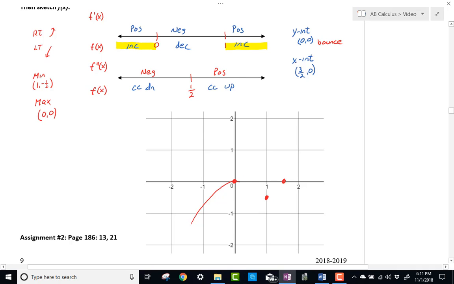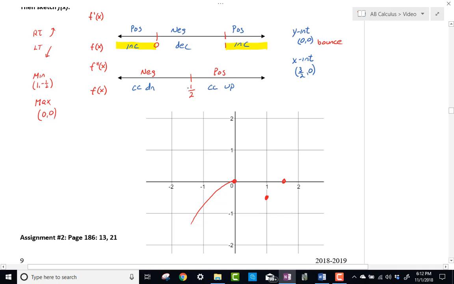My graph is supposed to stay concave down until I get to 1/2. Oops, I didn't do 1/2. Did I graph the wrong point here? My min's at 1, negative 1/2. Where is my point of concavity? Is at negative 1/2. Okay, so I'm supposed to be concave down until I get to 1/2.